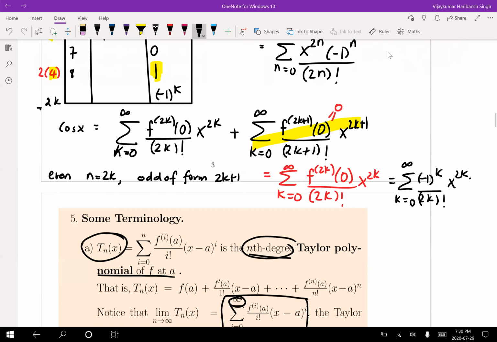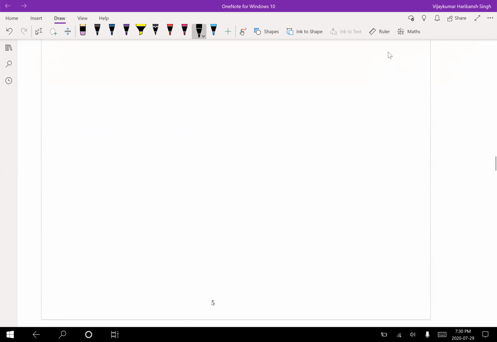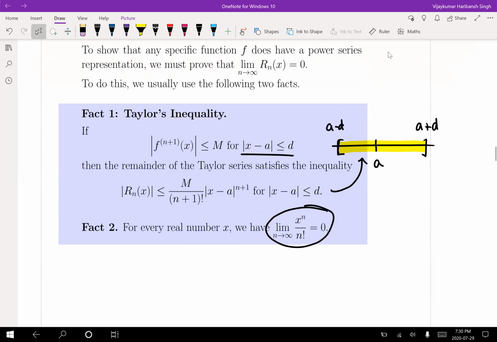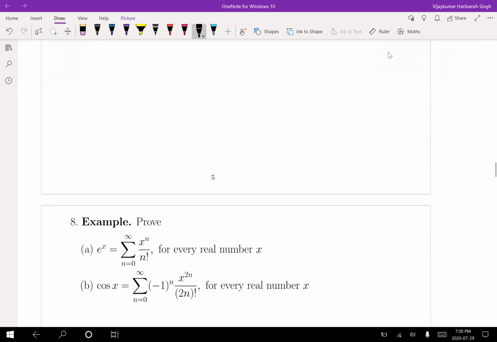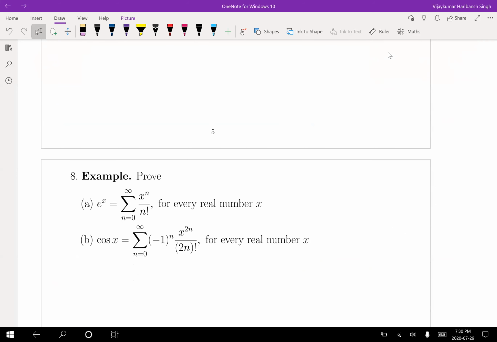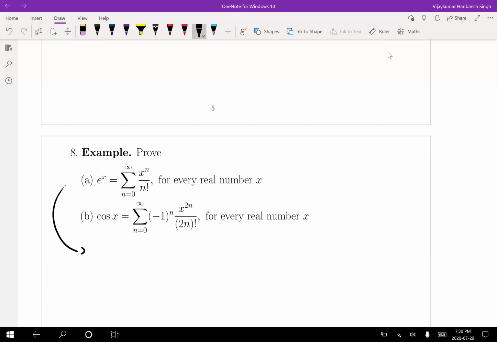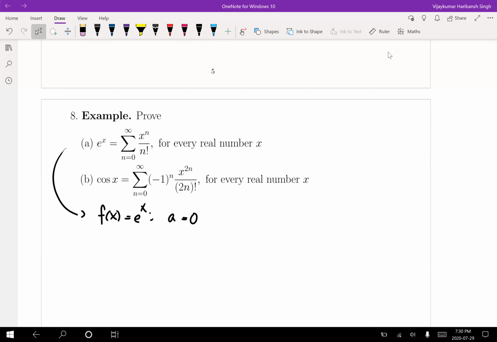We are trying to show that the remainder in this term is basically 0. So how do we go about it? First, f of x equals e to the x, a equals 0. You want to show that the remainder goes to 0. So let's compute f n of x, which is e to the x for all n belonging to the naturals.